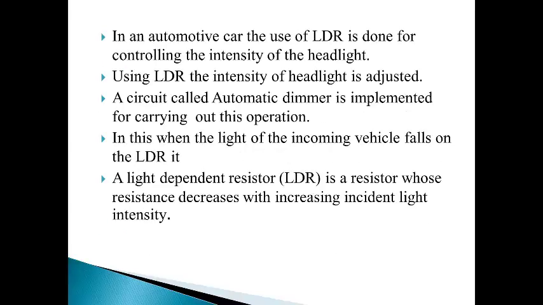In automotive cars, the LDR is used for controlling the intensity of the headlight. Using the LDR, the intensity of the headlight is adjusted. A circuit called an automatic dimmer is implemented using the LDR for carrying out this operation.